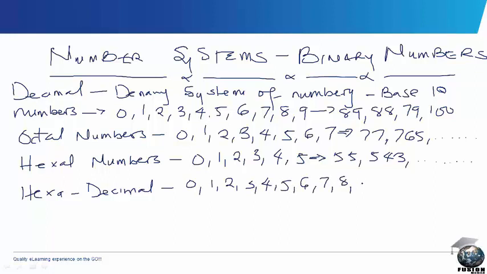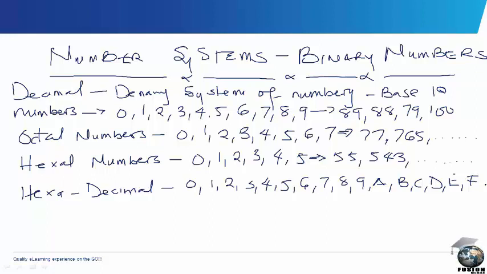This is 10 digits, and then the 11th digit starts as A, B, C, D, E, and F, giving you 16 digits in all, where A stands for 10 and B stands for 11 and C respectively. They follow in that method too.